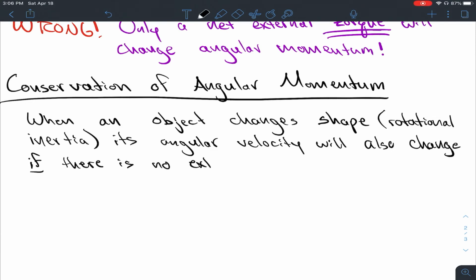This is going to make sure that our total angular momentum remains constant. The only thing that's going to change our total angular momentum would be a torque.